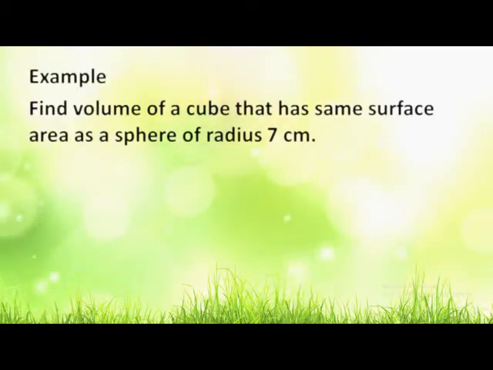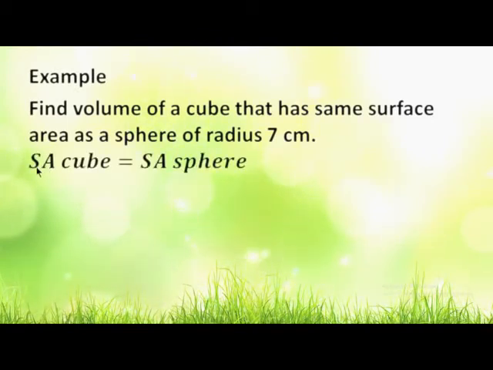Next example, find the volume of a cube that has the same surface area as a sphere of radius 7 centimeters. We have learned about volume in the previous video. Now we're going to connect the volume with the surface area in this example. From the example, we know that the surface area of the cube equals the surface area of the sphere.